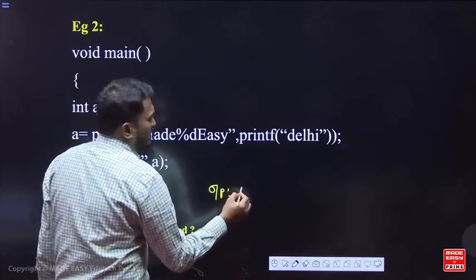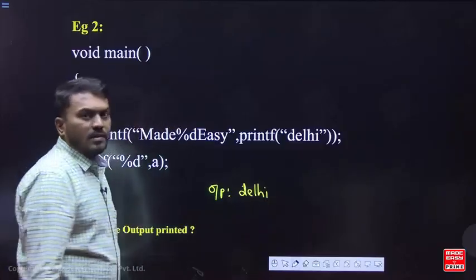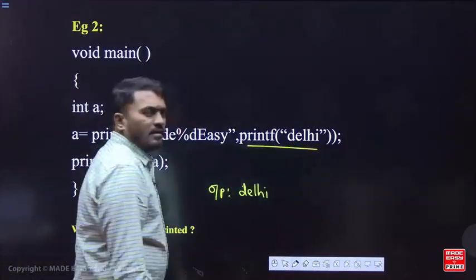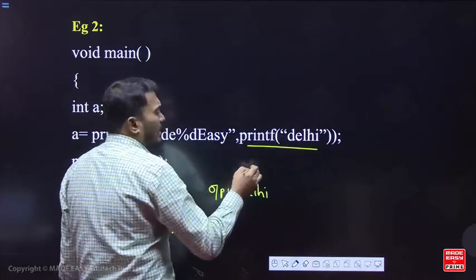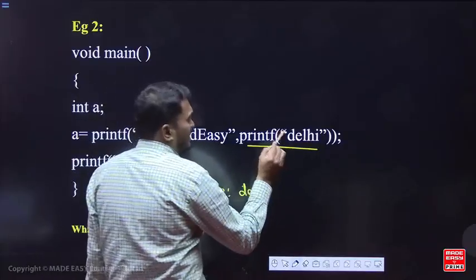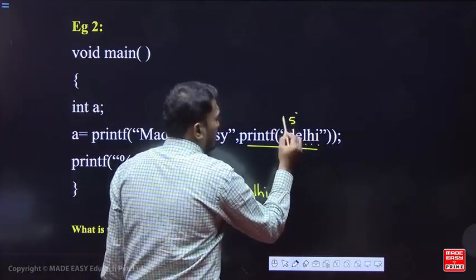First, what will be printed in the output? Delhi will be printed first on the screen. This printf returns the number of symbols it displays on the screen. How many symbols? 1, 2, 3, 4, 5. So this is going to return what?